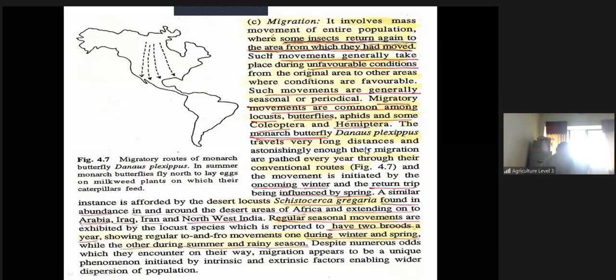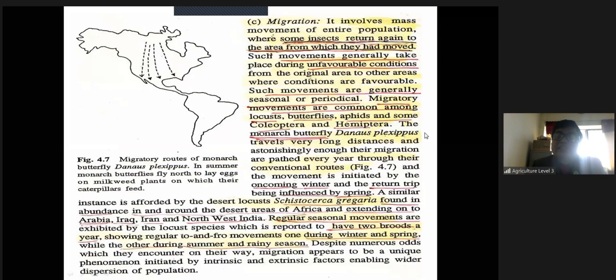This monarch butterfly can fly from America to Canada, even over the ocean, and they come back from Canada to America again, following the same road each and every year. So this is very interesting. This is very astonishing information. Clear?